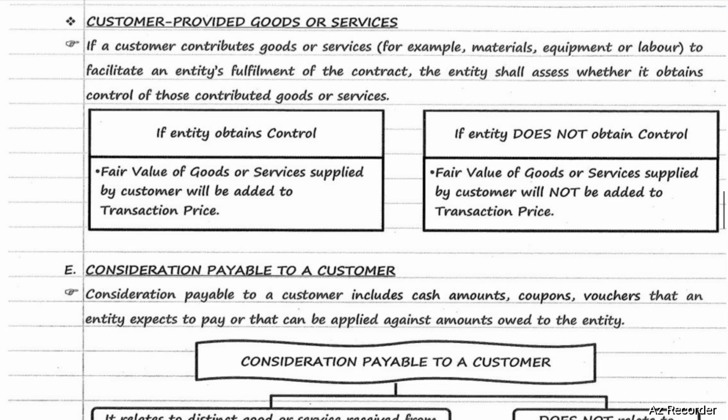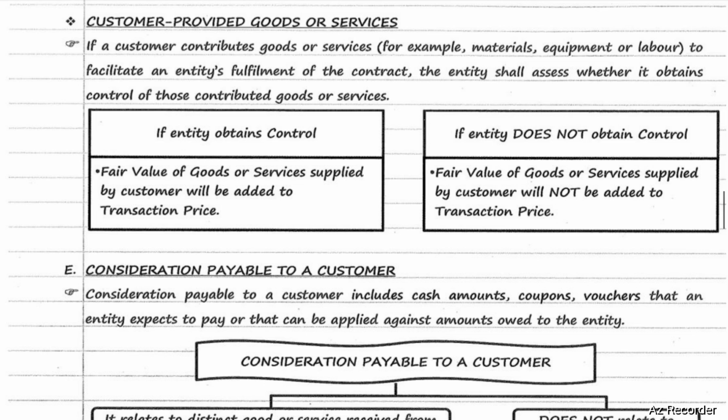Customer provided goods or services. If a customer contributes goods or services, for example, materials, equipment, or labor, to facilitate an entity's fulfillment of the contract, the entity shall assess whether it obtains control of those contributed goods or services. That means here the customer is providing raw materials, that is goods or services, to facilitate completion of the contract.